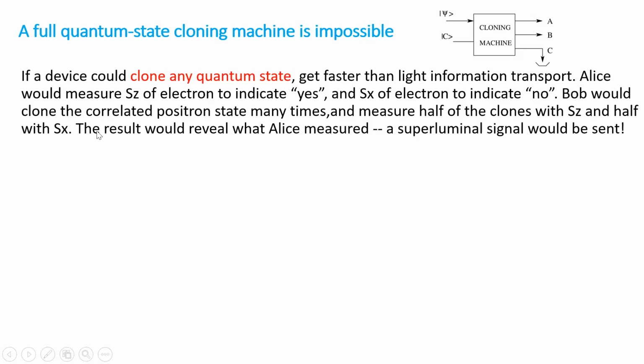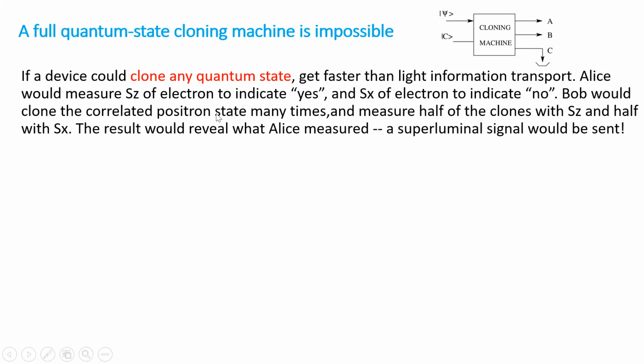So notice that it's important that Bob is able to clone the correlated positron state so he can build up statistical information from a number of clones on which measurement Alice has made.